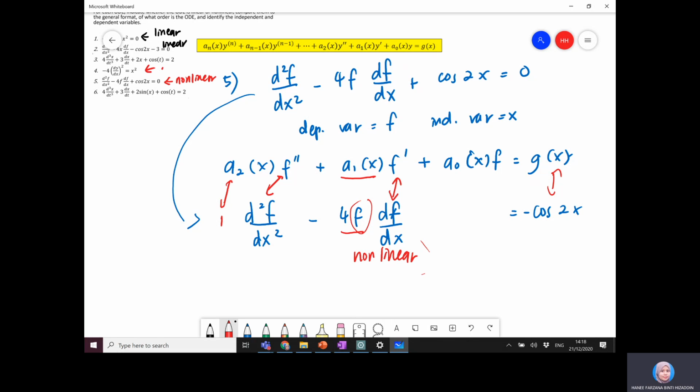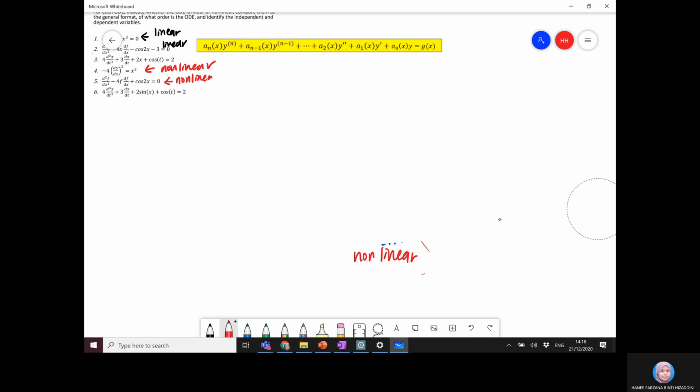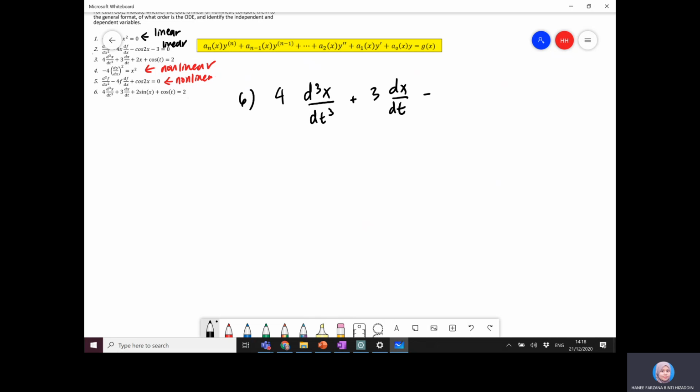So is number 4 here nonlinear? Okay. Last example, number 6: 4 d3x dt cubed plus 3 dx dt plus 2 sine x plus cos t equals 2.